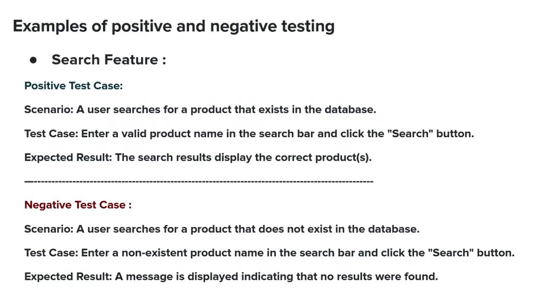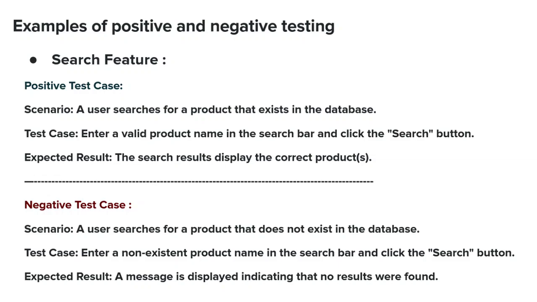So while executing the testing, once you understand the functionality of the feature and what you want to test, you should always consider positive test cases and negative test cases as well, because only when we test positive and negative test cases together does it make the software or the application robust and functionally correct.